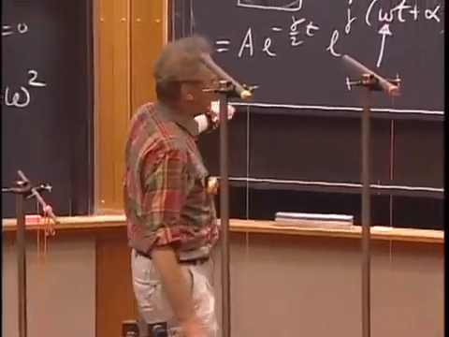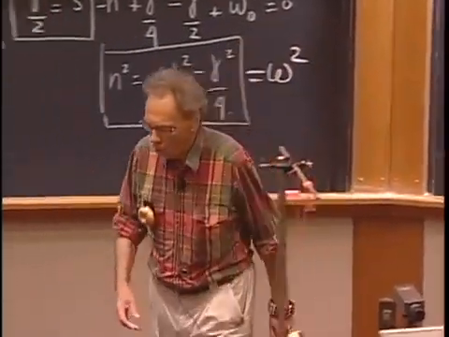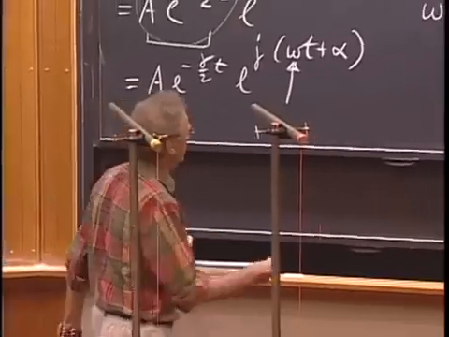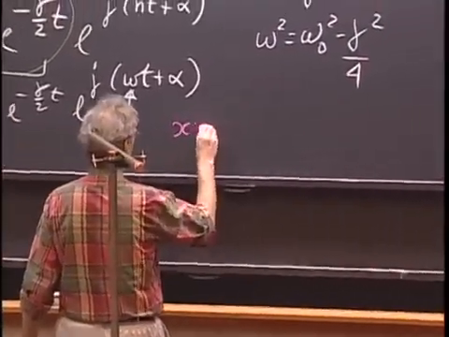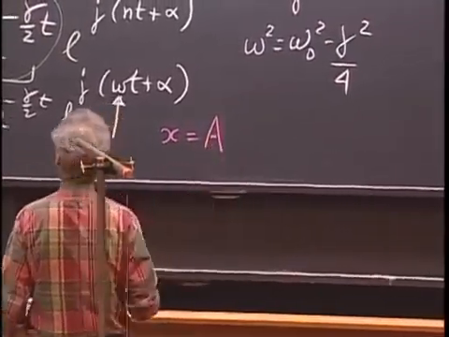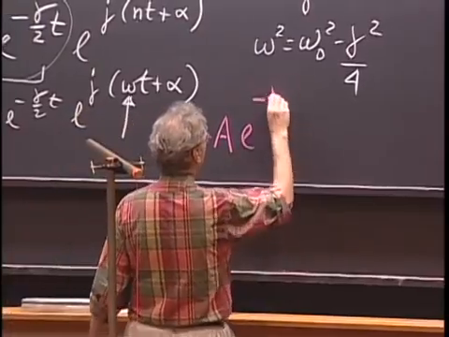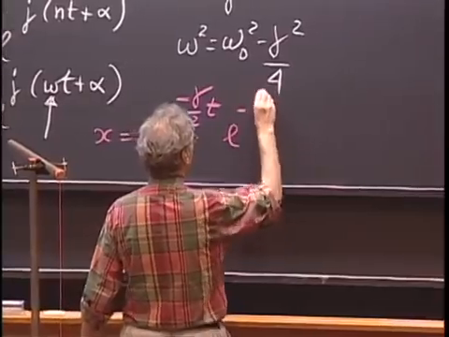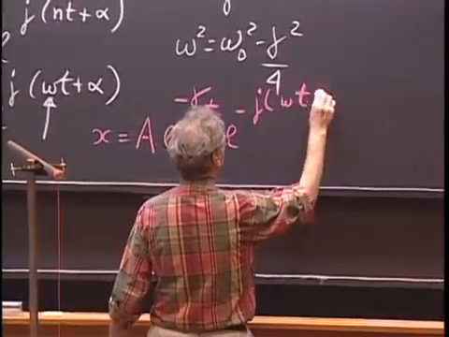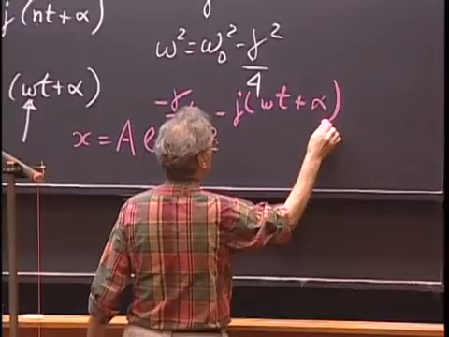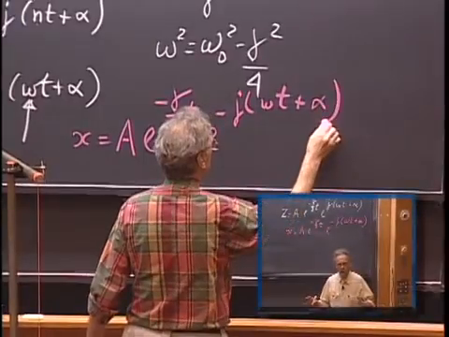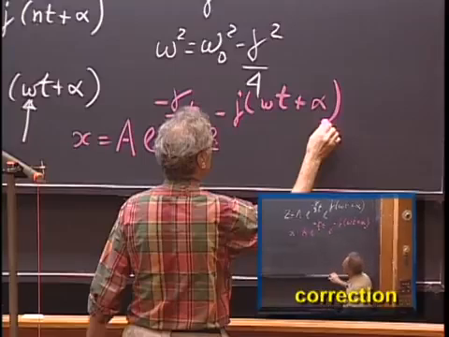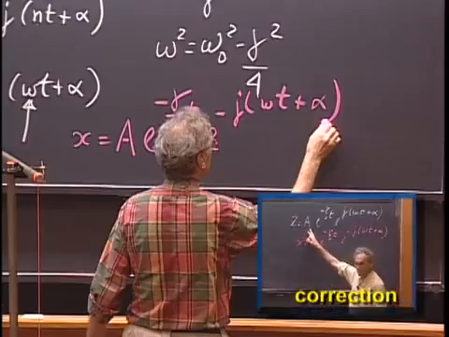And so we can now write down in all its glory the real part of this function, which then becomes x equals some amplitude a times e to the minus gamma over 2 times t times e to the minus j times omega t plus alpha. Look what I did. I have an equation in the complex plane.